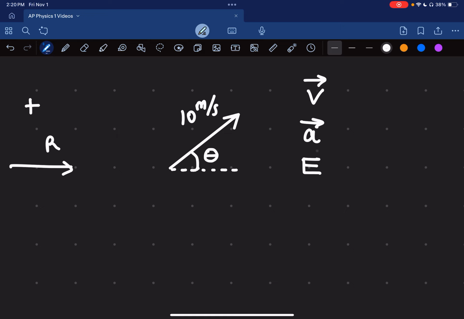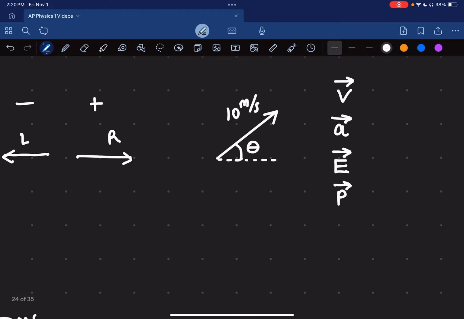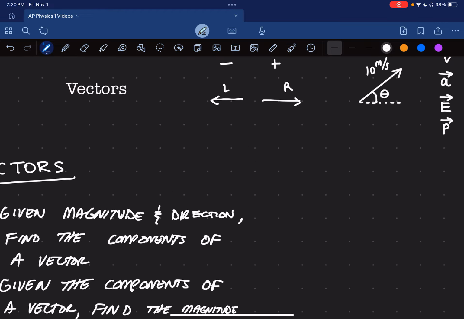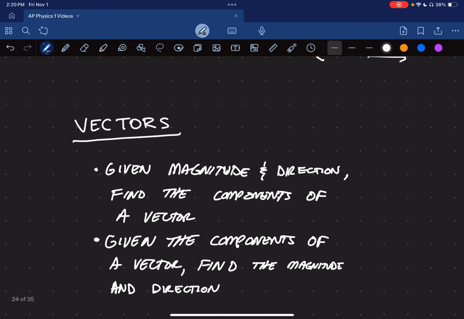On your assignment, you'll have electric field, which is a vector. And we could even have momentum, which is a vector. So there are just different kinds of vectors, but we're going to look at how to turn any of them into components.